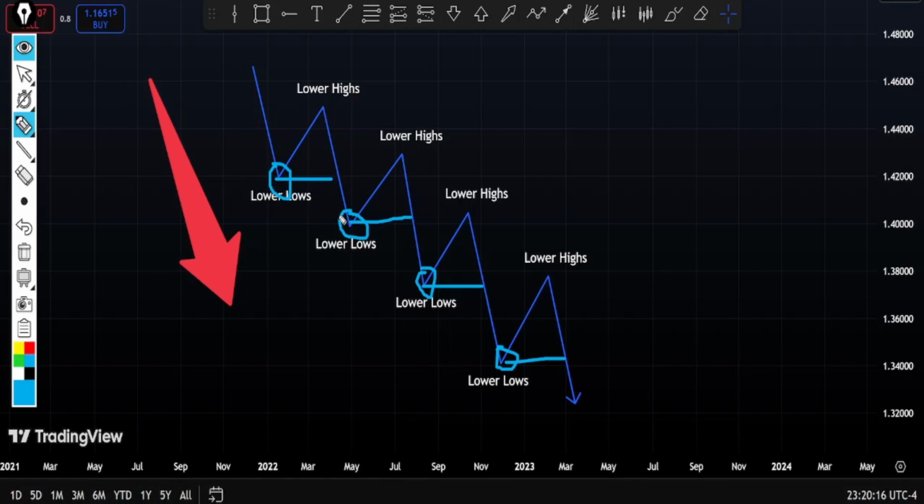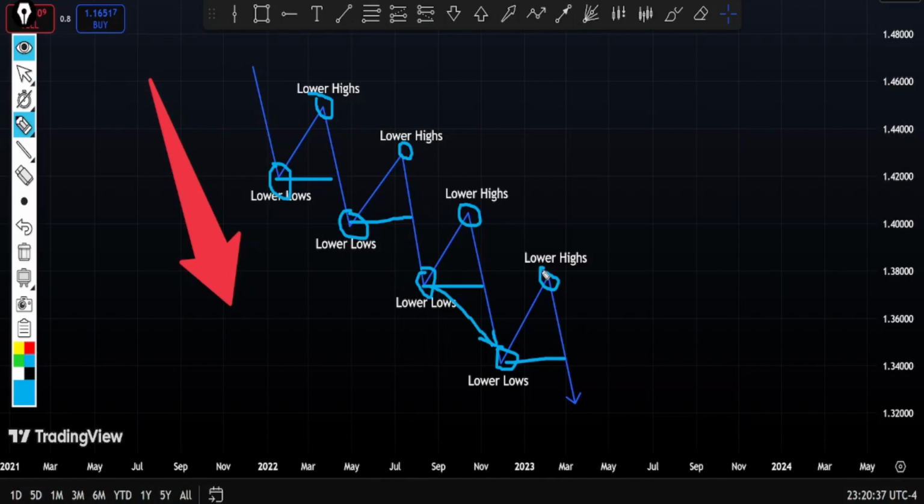Now, we also have what we call lower highs in the bearish structure. Why is this a lower high? This high is lower than this previous high here, and this high is lower than this one, and this high is lower than this one.